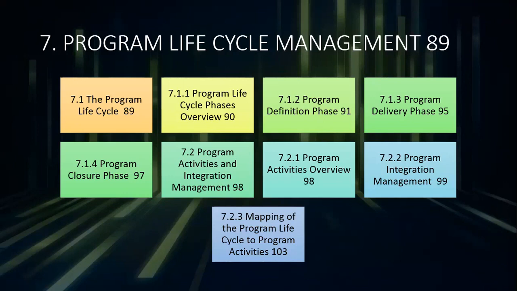So let's talk about the program lifecycle phases very quickly. To ensure success in programs, we have three major phases: the program definition phase, program delivery phase, and program closure phase.